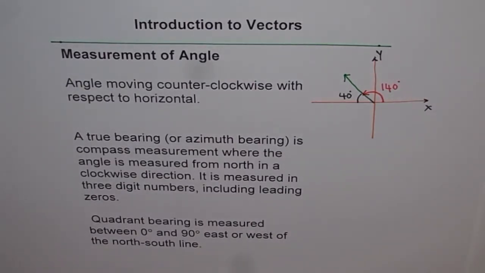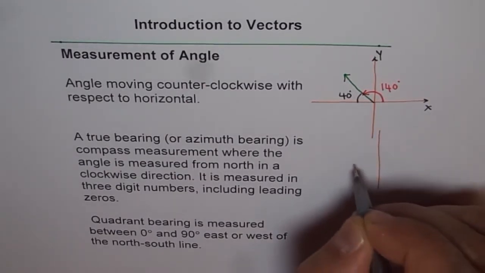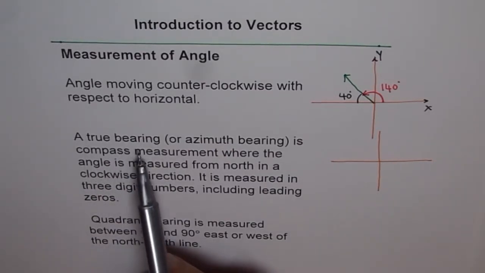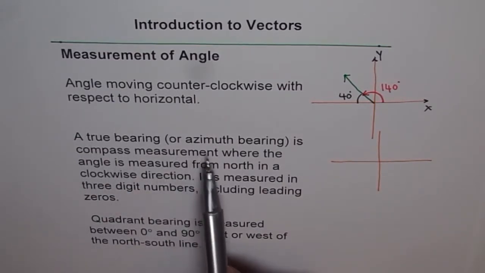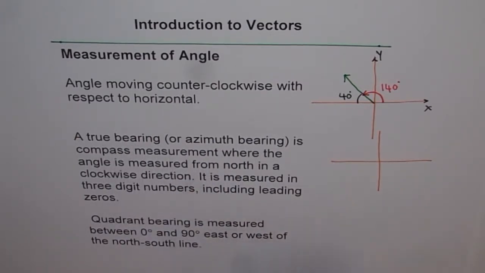The other standard which I've seen most of the time is to measure the angle from north, right? So let's have here another coordinate system. Normally in navigation, so whenever you're talking about direction of planes and ships, then we talk about true bearing angle. So you have come across this word true bearing angle or azimuth bearing. And if nothing is there as a qualifier for bearing, we just write bearing, then it means from north, right?